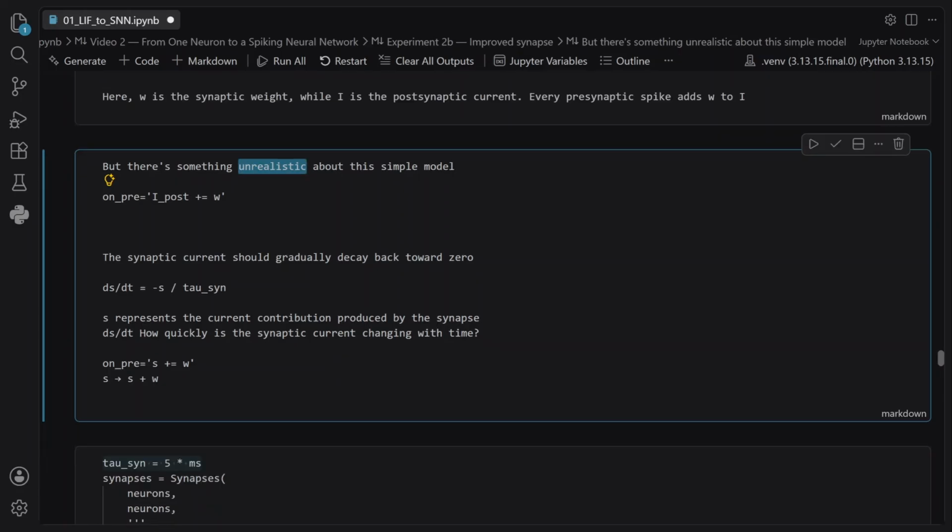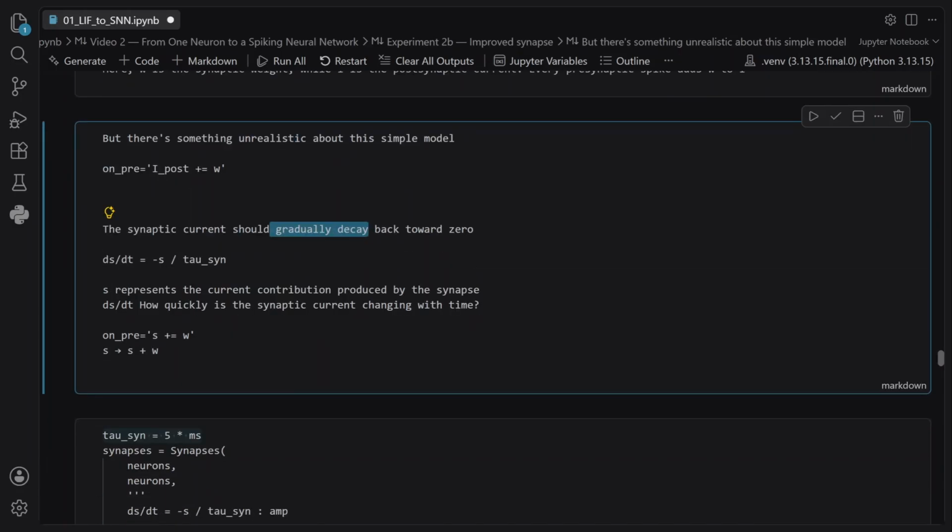So we're going to add a small gradual decay, an exponential decay, if you will. This is the new equation we will add. S represents the current contribution produced by the synapse. ds/dt: how quickly is synaptic current changing with time? ds/dt equals minus s divided by a time constant for this particular variable s.